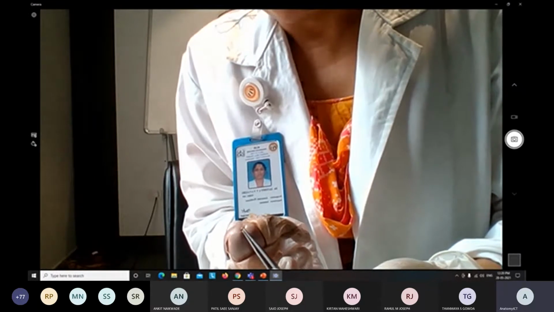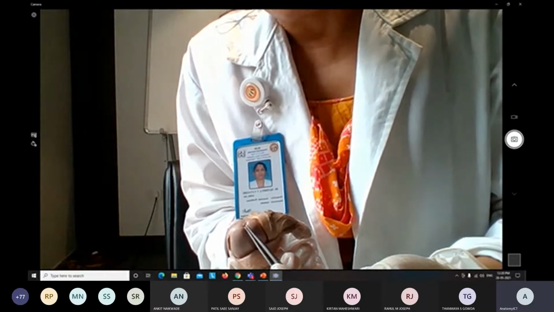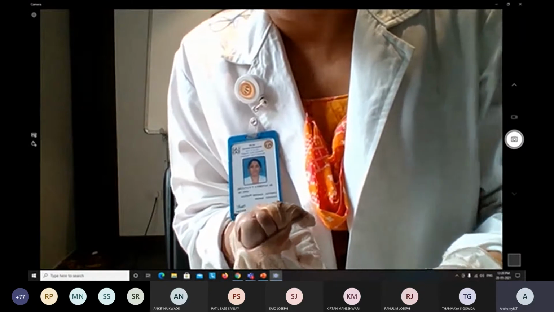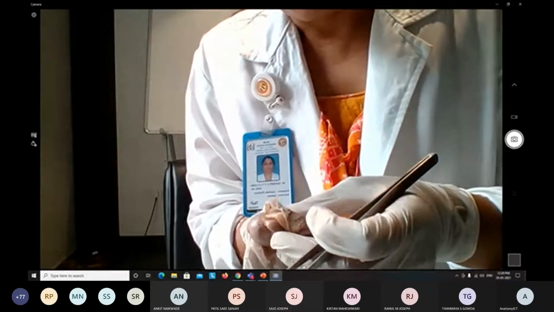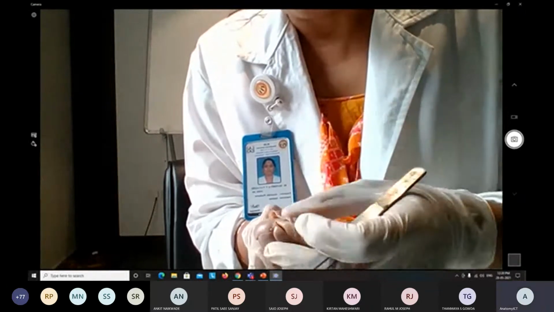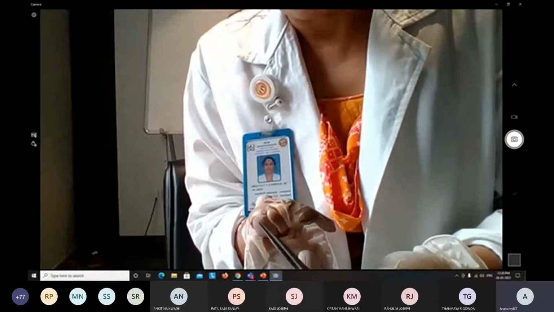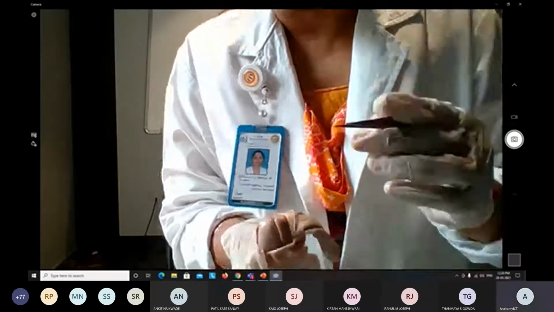Remnant of the Mullerian duct. Appendix of the testis. This is called appendix of the testis. See this properly. A small structure here at the upper pole of the testis. Okay.